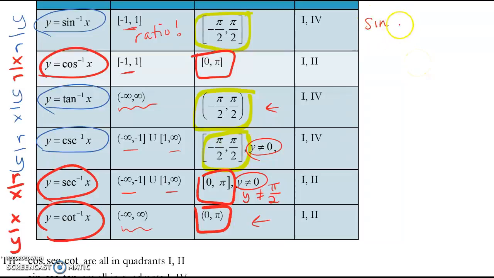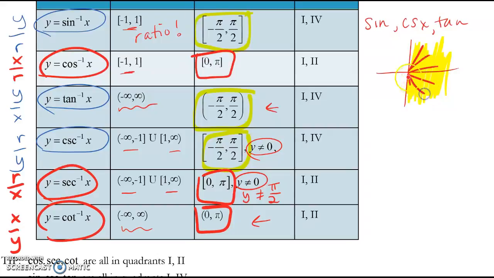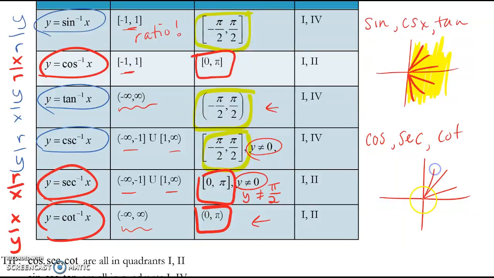All right, so a diagram that I will frequently draw in class as we are doing these problems is that sine, its reciprocal, and tangent are all grouped together, and with this function, the angles that we are allowed to give are on this side of our graph. So the possible answers are only those guys. With our cosine, its reciprocal, and cotangent, the possible angles that we are allowed to give here are the top half of our graph.